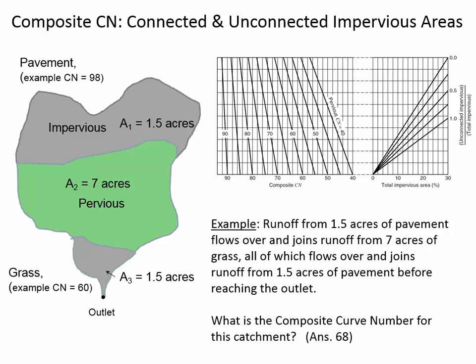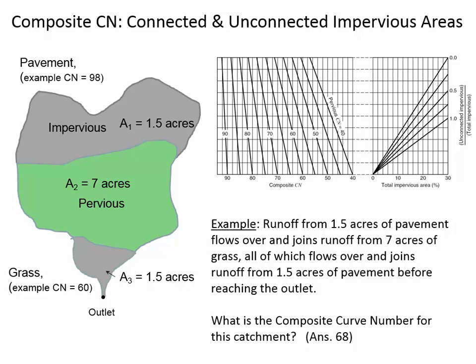Well, first of all, our ratio will be different. The ratio of unconnected impervious to total impervious. So the unconnected impervious is that 1.5 at the top. That's not connected to the outlet.